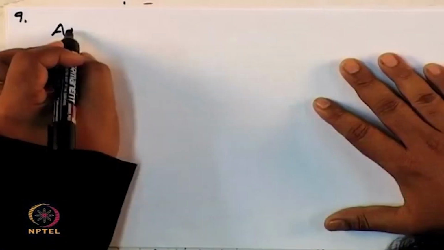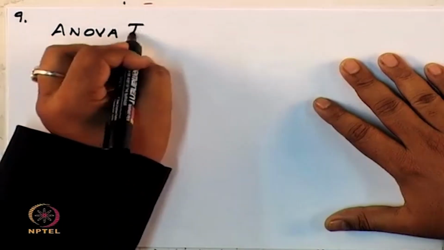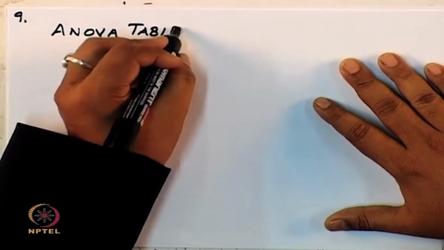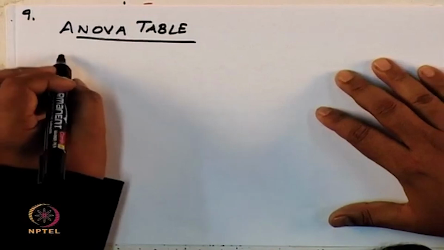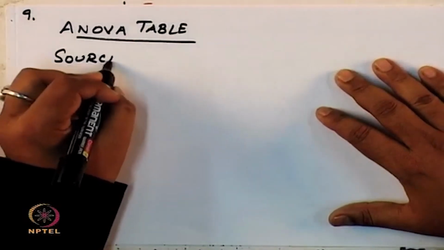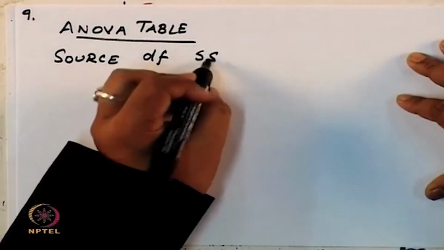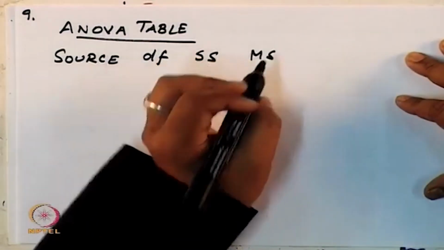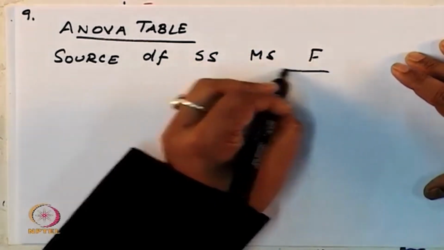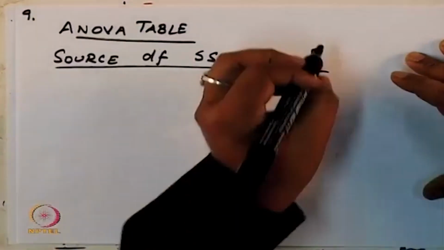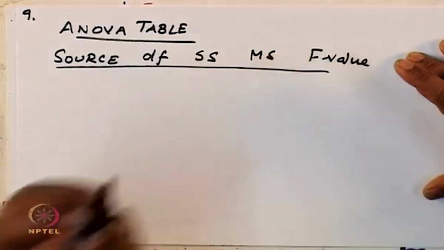So, when you put all these together, you generate an ANOVA table. Your typical ANOVA table will look something like this: source, degrees of freedom, sum of squares, mean squares, and F value.